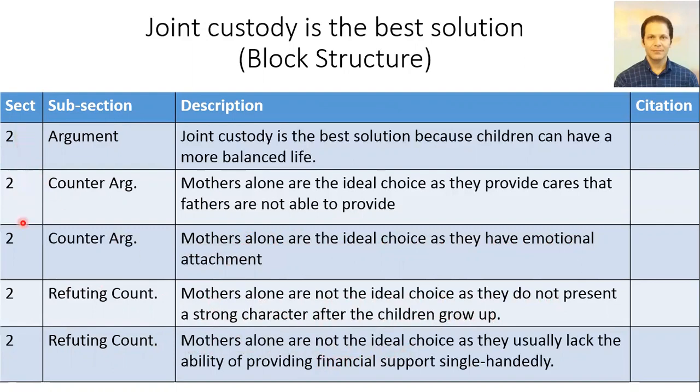And please don't forget that number 2 here refers to the body. As I mentioned in the previous lecture, there are 3 parts to the outline. Part number 1 or section number 1 is the introduction, section number 2 is the body, and section number 3 is the conclusion.